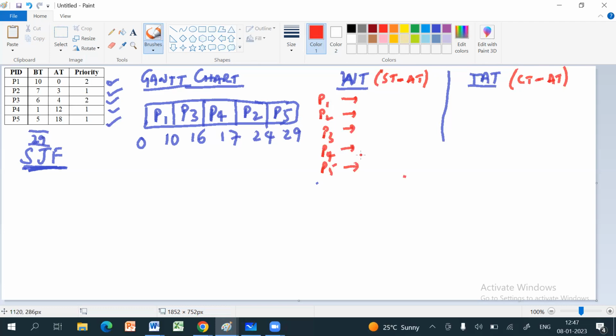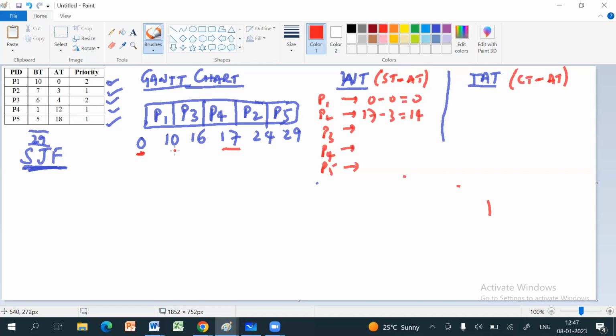Wait time for P1 is the start time minus the arrival time, so 0 minus 0, that is 0. Similarly, P2 started at 17 minus the arrival time, which is 3, comes up to 14.